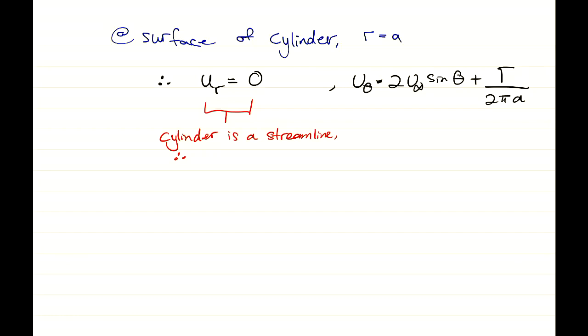Therefore the radial velocity is 0 as expected, because you can't have velocity perpendicular to your streamline. So ur is 0, which is good, because it's a streamline. And if you look at u theta here, we have two terms.